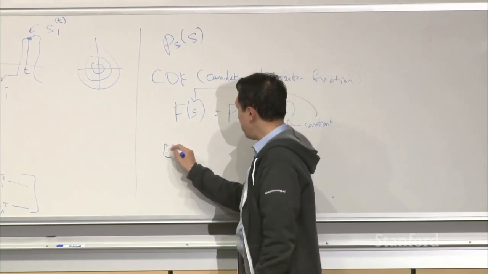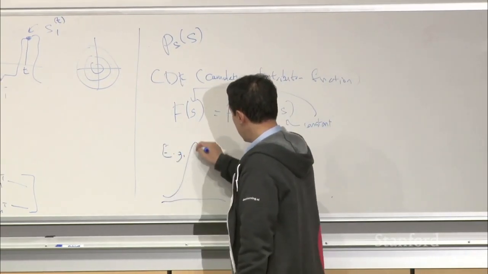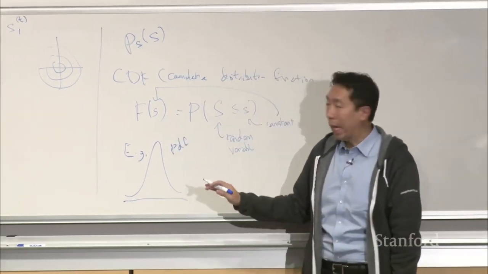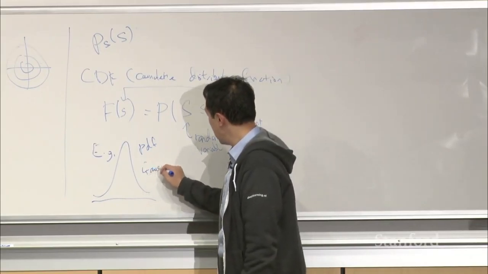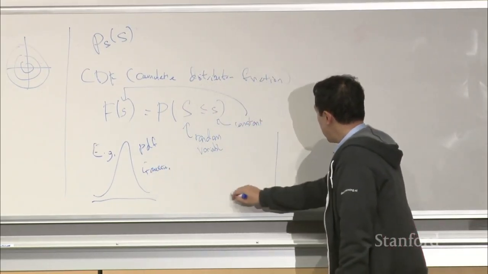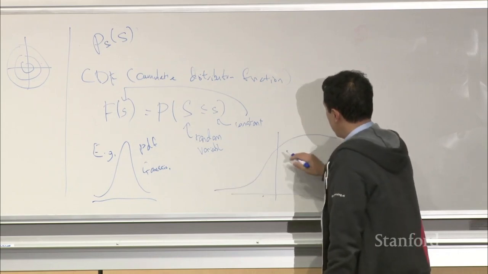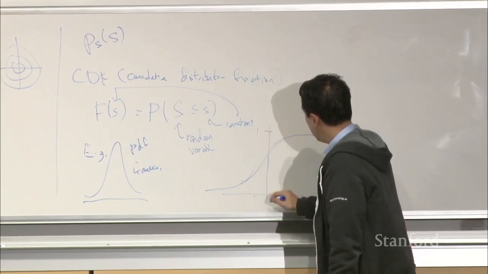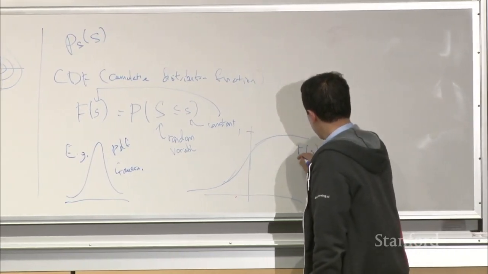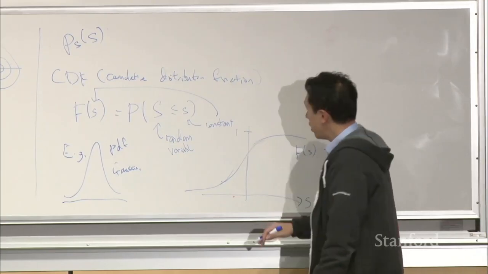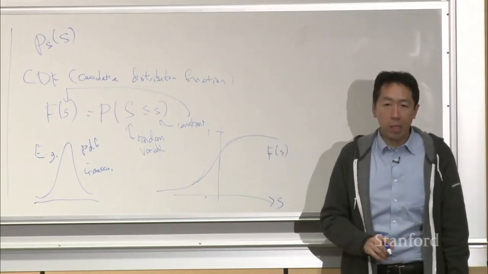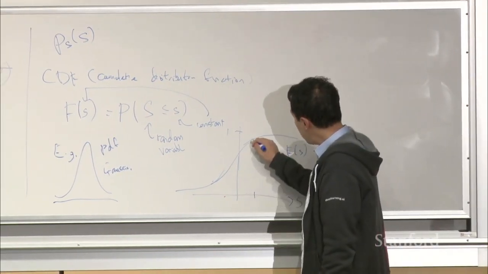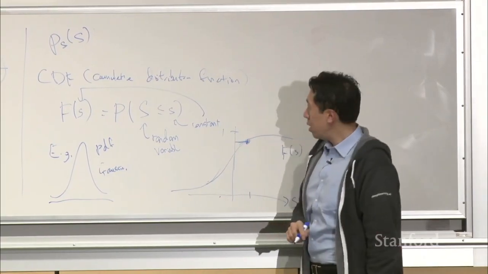And so, for example, if this is the PDF of a random variable S, maybe of a Gaussian, the CDF is a function that increases from 0 to 1, where the height of a CDF at a certain point is the probability.